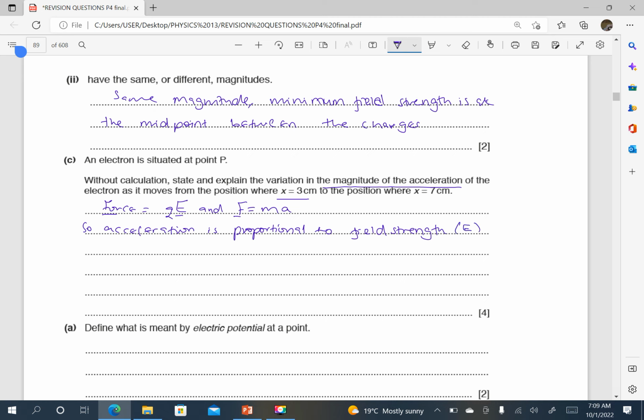The acceleration is proportional to the field strength E. So from x equals 3 up to x equals 5.0 centimeters, from the graph we have seen that the field strength decreases, so the acceleration decreases.